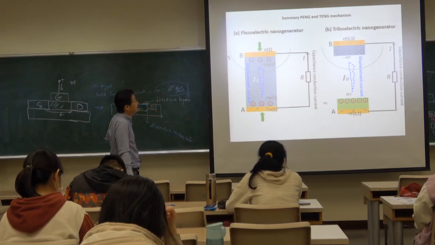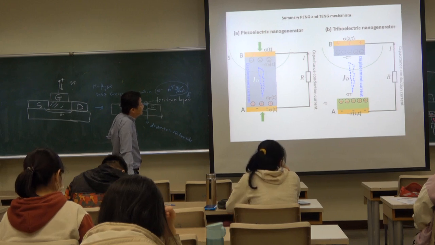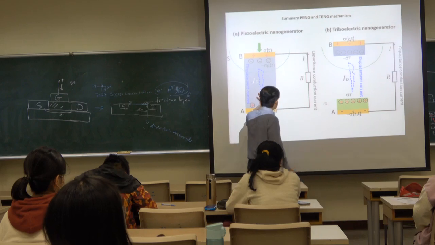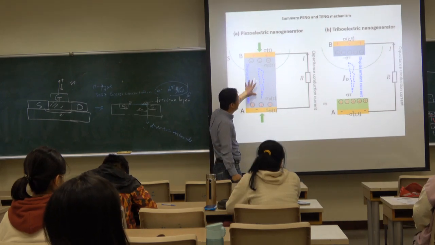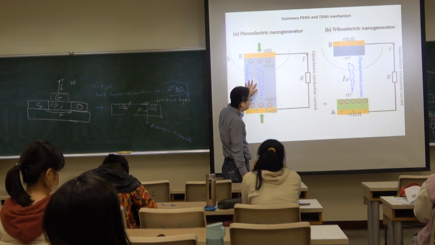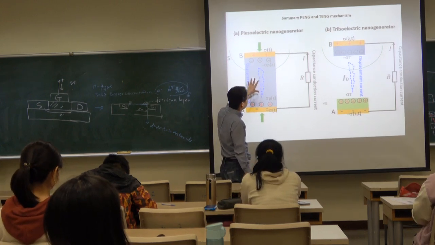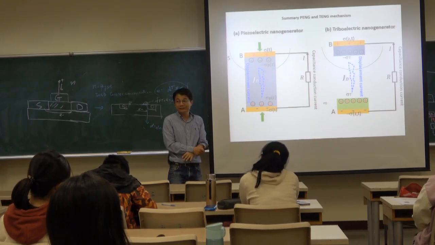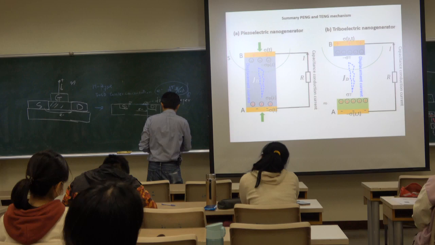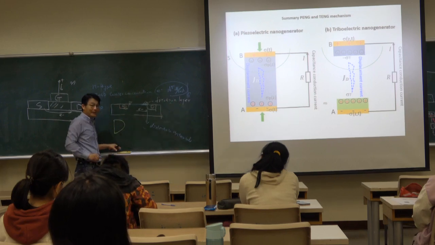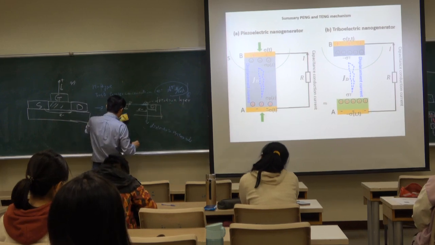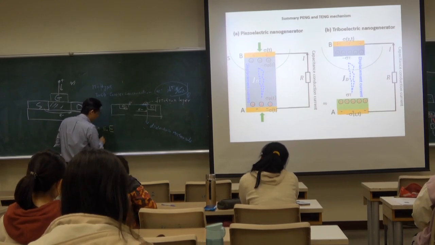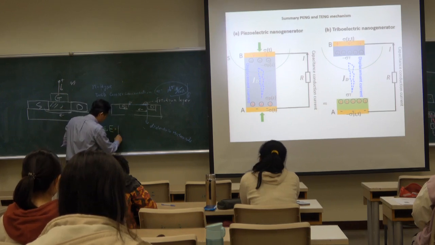As you can see, the piezoelectric nanogenerator and the triboelectric nanogenerator have different mechanisms, but inside there is a JD. JD is the current output. For the piezoelectric, it's because of the displacement current being generated. This displacement current is D. This D includes epsilon zero times E, the electrical field, and the polarization.